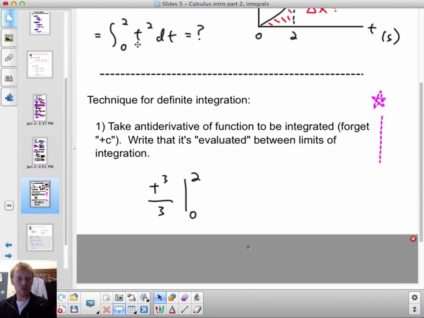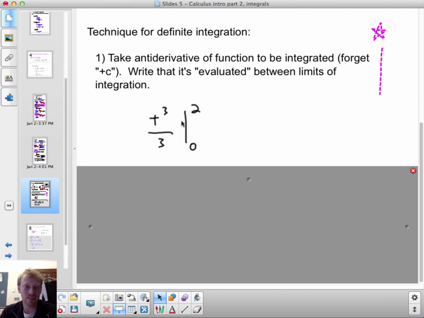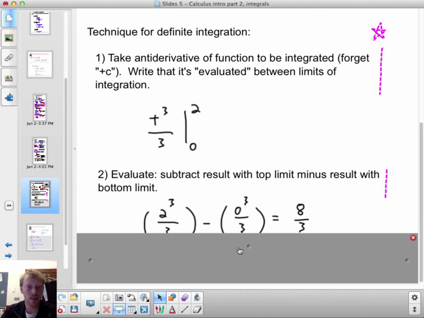So what did I do going from here to here? The antiderivative of t squared is t cubed over 3. I'm omitting the plus c. And then, instead of a squiggle on the left side with a 0 and a 2, I'm going to put a straight vertical line with a 0 and a 2. The way that I would read this line is t cubed over 3 evaluated between 0 and 2.